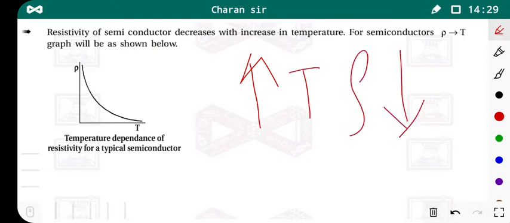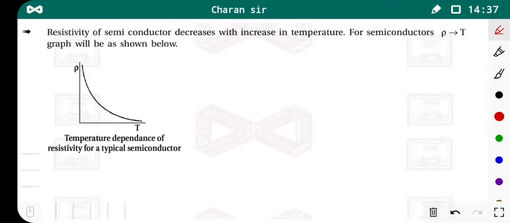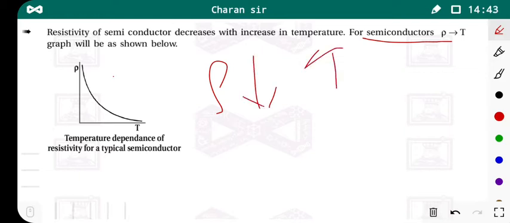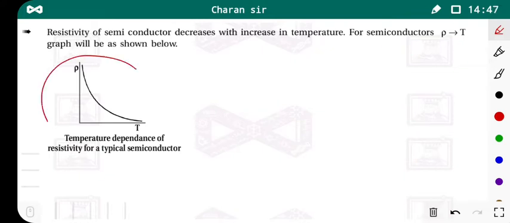For what? For the semiconductors. Why this has happened, we will discuss later, but here remember that the resistivity of semiconductors decreases with an increase in temperature. One graph is given, you can see that when temperature increases, resistivity decreases.